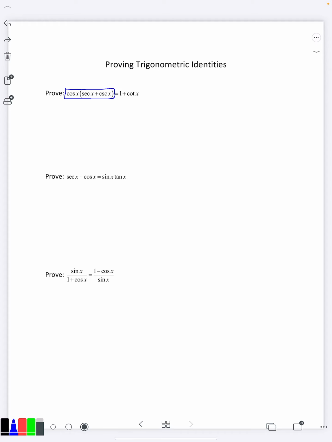So this is what I'm going to do right here. I have cosine x times secant x plus cosecant x equals 1 plus cotangent. I'm going to start by converting the secant and cosecant into sine and cosine. We know secant is the same as 1 over cosine, and cosecant is the same as 1 over sine.